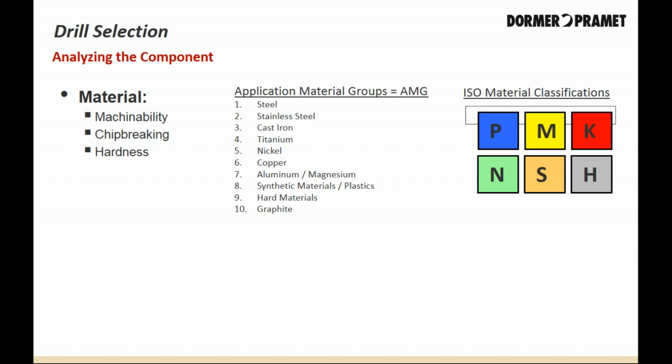In analyzing the component, you must consider the machinability of the material, how the chips will form, and the hardness of the material. Our AMG material classification method and the ISO material classification can be covered in greater detail by contacting our territory managers, application specialists, or product specialists.